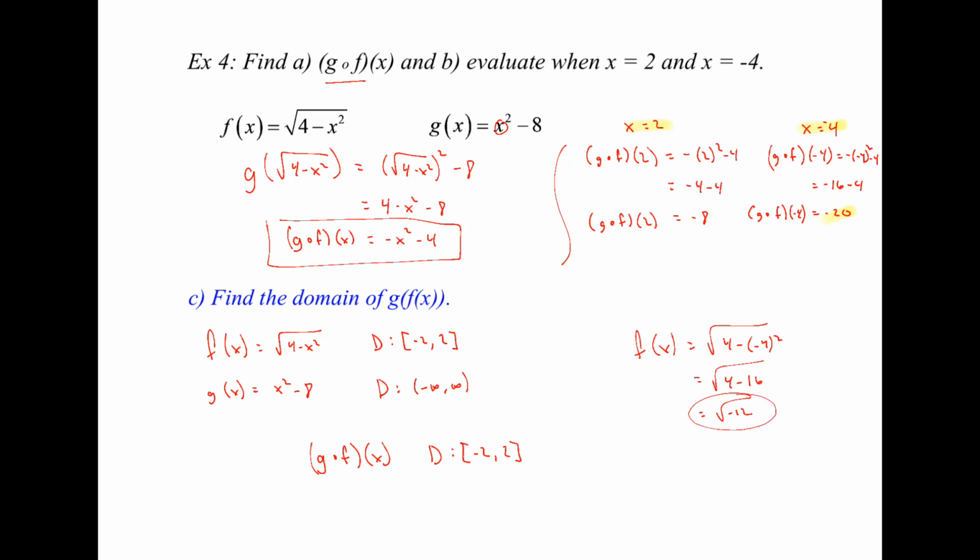So therefore, it cannot be part of the domain. So at x equals negative 4, this actually does not exist. So g of f of negative 4 is not negative 20. It does not exist because negative 4 is not part of the domain.